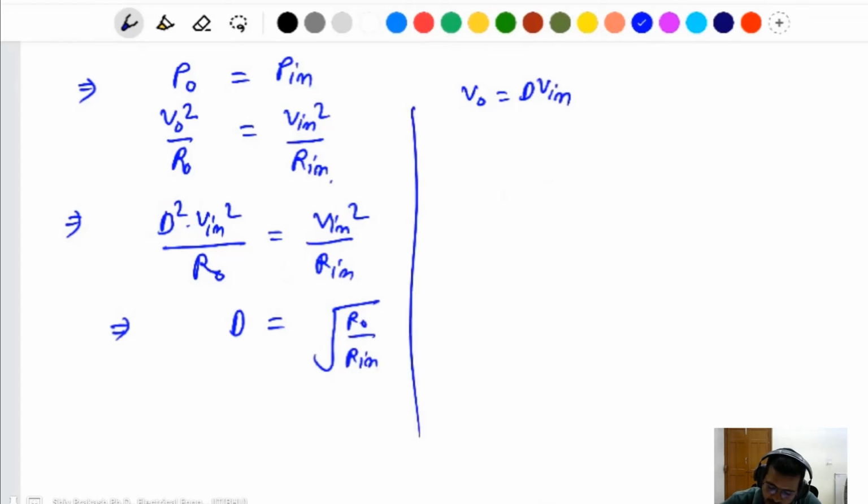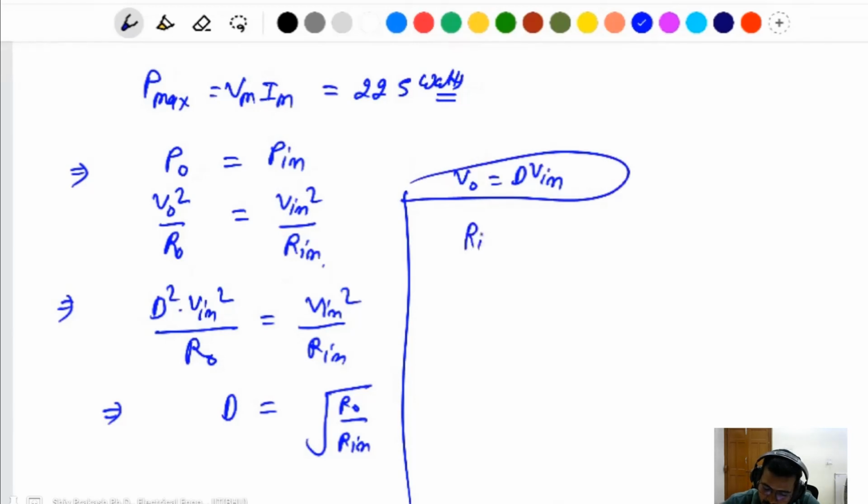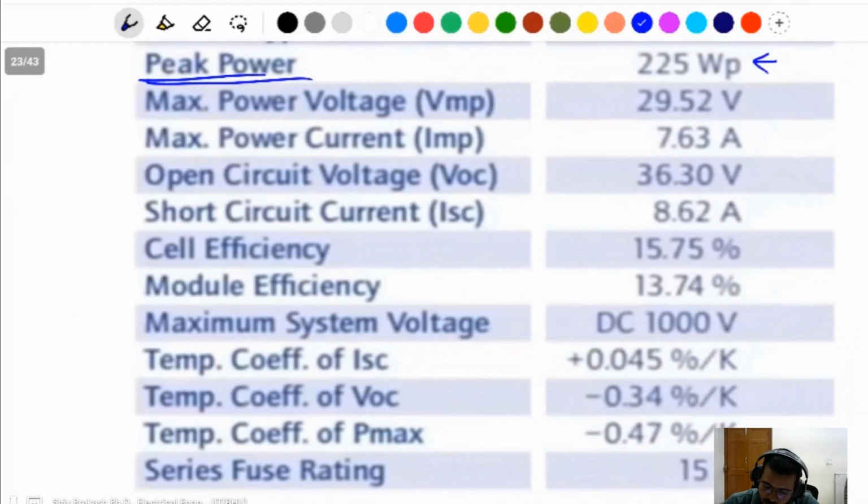R in is decided by the maximum power. At the maximum power point, R in is the maximum voltage divided by the current at the maximum power point. Vmp given in the data sheet is 29.57 and the maximum current Imp is given as 7.63.